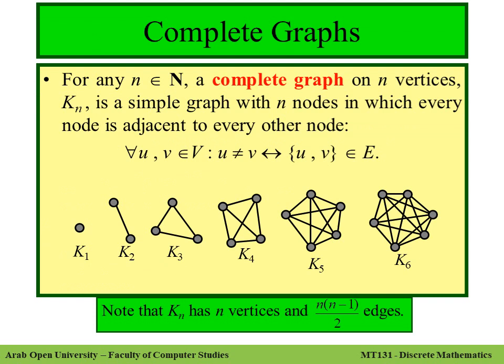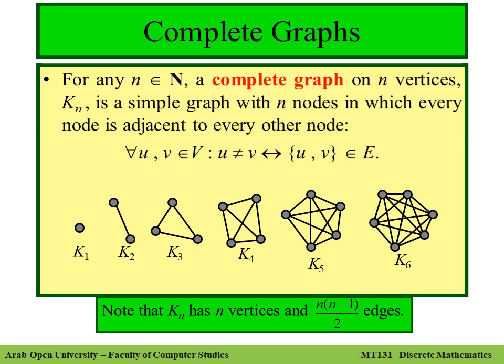Let's start with the complete graphs. N here is a positive integer. A complete graph on n vertices, which we denote Kn, is a simple graph, so there's no loops and there's no multiple edges. It will have n vertices. Each vertex is adjacent to every other vertex.